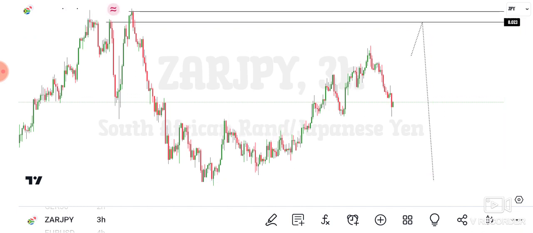Always wait as the market reaches your QML level, it has to confirm the zone. So it's good you wait for a confirmation entry in all QML levels you find. So these are the examples I wanted to share with you.